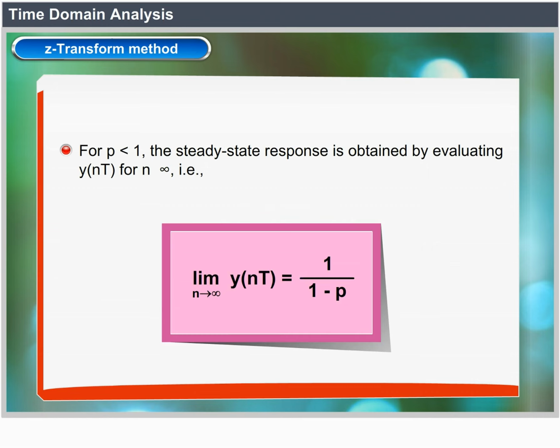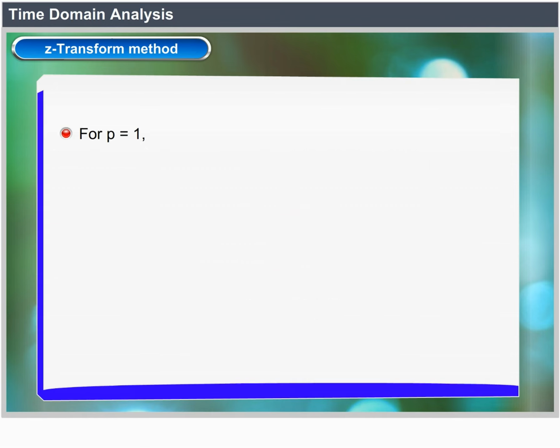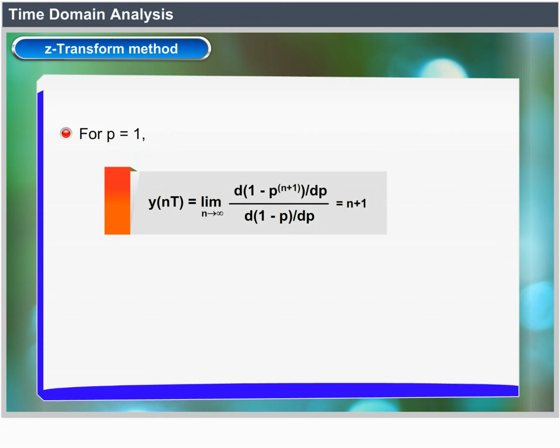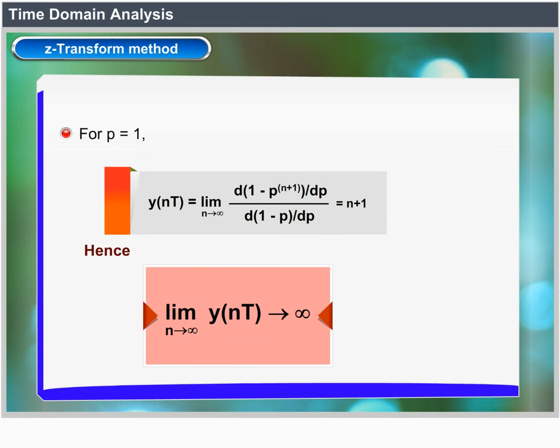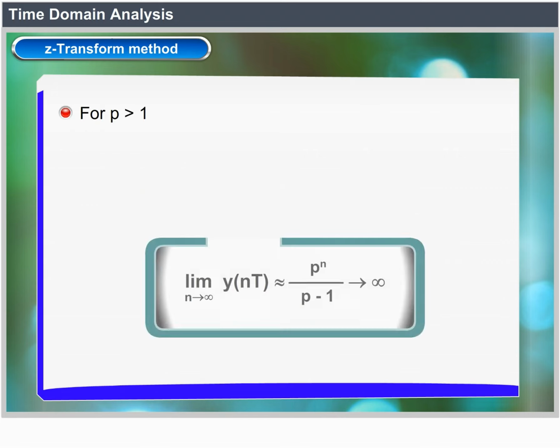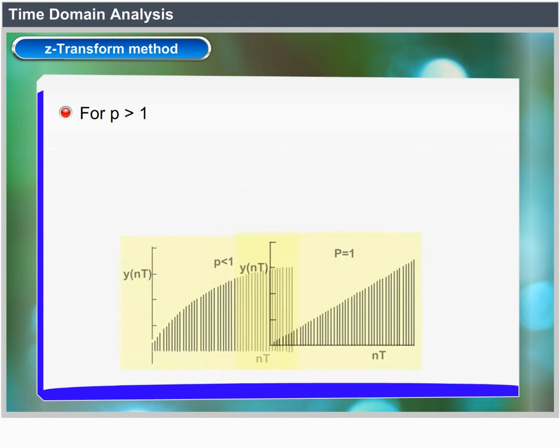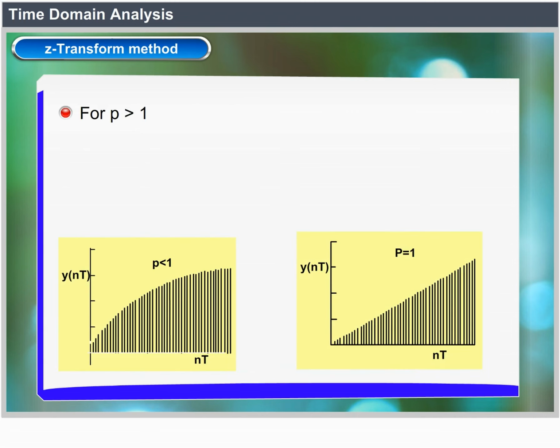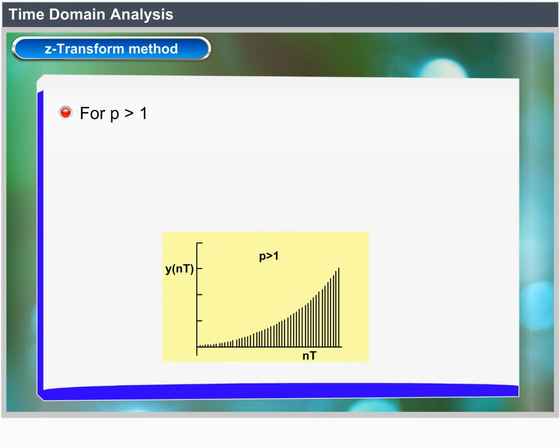For p = 1, y(nT) is the limit as p → 1 of d(1 − pⁿ⁺¹)/dp divided by d(1 − p)/dp, which equals n + 1. Hence, as n → ∞, y(nT) tends to infinity. For p > 1, as n → ∞, y(nT) is approximately pⁿ/(p − 1), which tends to infinity.